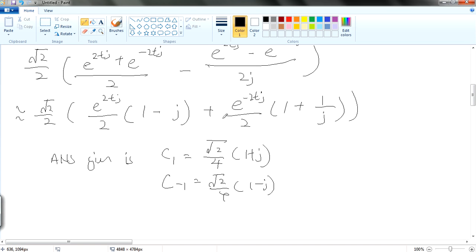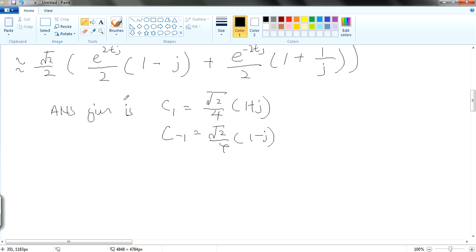I stop at this. Similarly I can bring this out, so it'll be square root 2 over 4. And how do I eliminate this? And maybe this is e^(j omega).